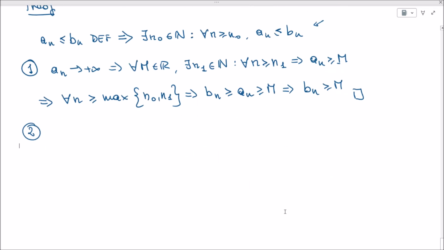Okay, so this theorem is very useful because that means that we can evaluate the limit of a sequence without actually using the definition itself, by just comparing with another sequence of which we know the behavior. By just comparing the two sequences term by term, we can extract information about the behavior of the sequence.